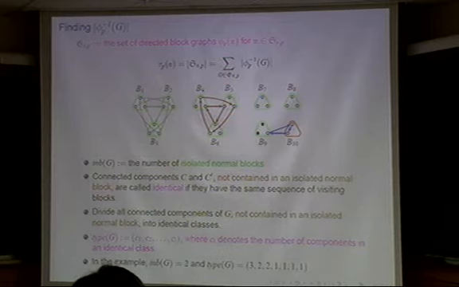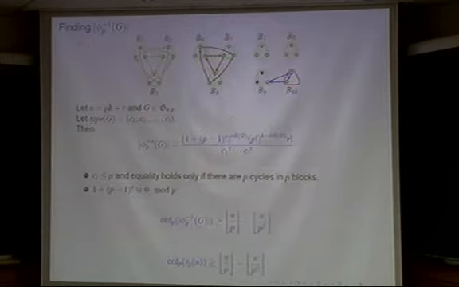In this example, I and B of G is 2, and the type of G is 3, 2, 2, 1, 1, 1, 1. So the type of this graph is this. Now we can find this number. If the type of G is this, then the cardinality of this set is given by this number.